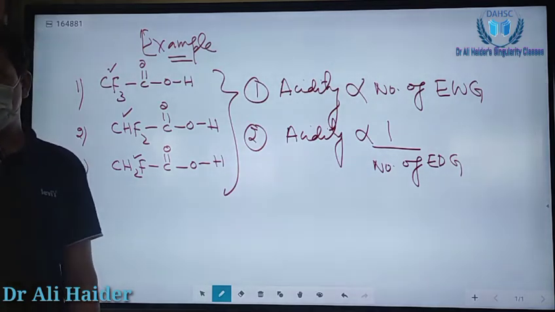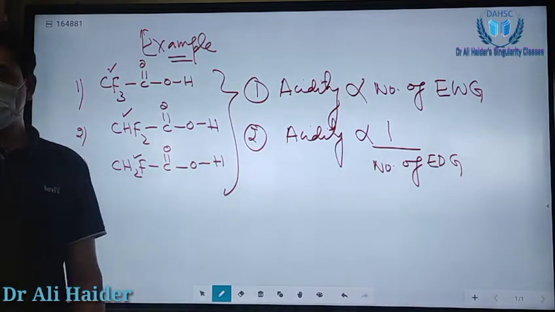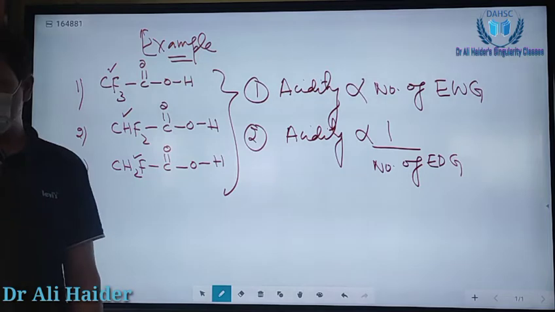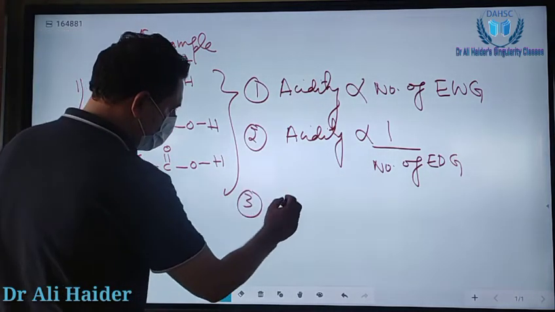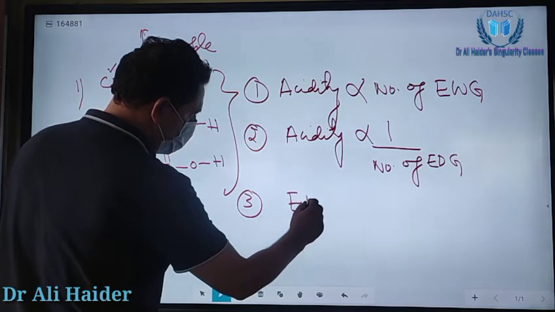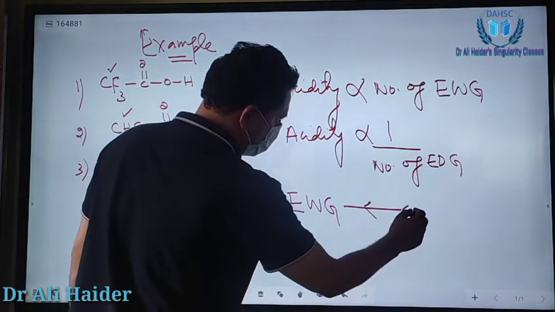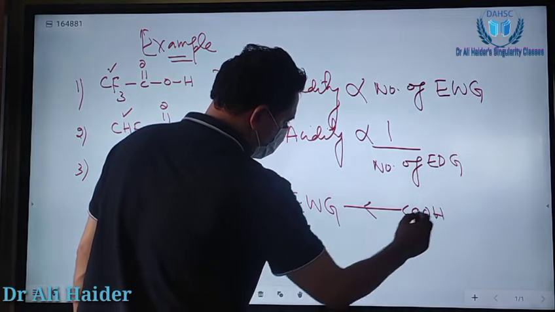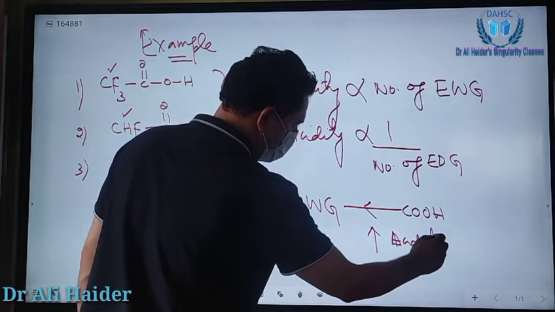You got it? Yes. So what we can conclude from this is that electron withdrawing groups generally increase the acidity of carboxylic acids. So I can make it like this. Electron withdrawing group when attached to COOH group, it will increase acidity. Yes, sir. Increase acidity.